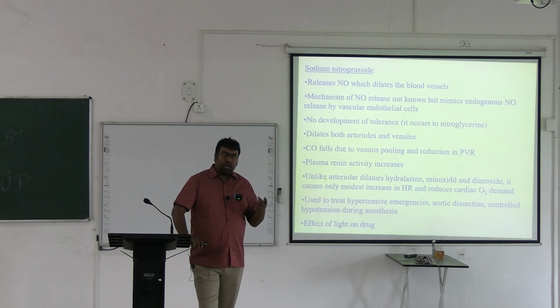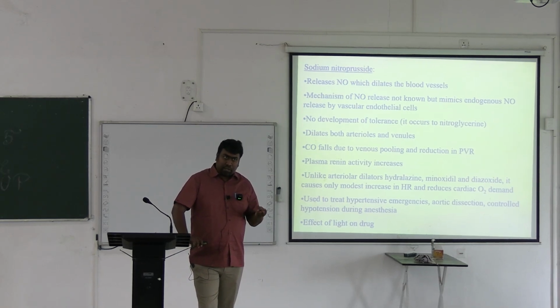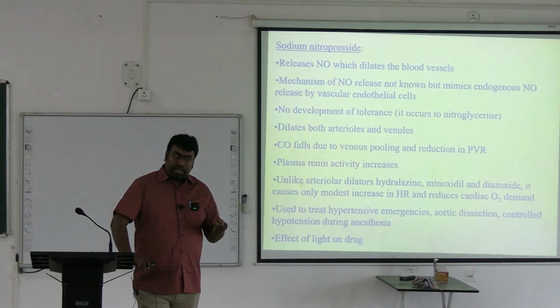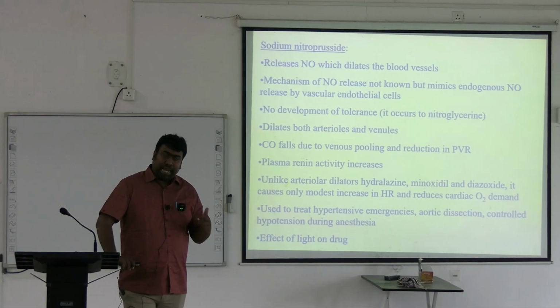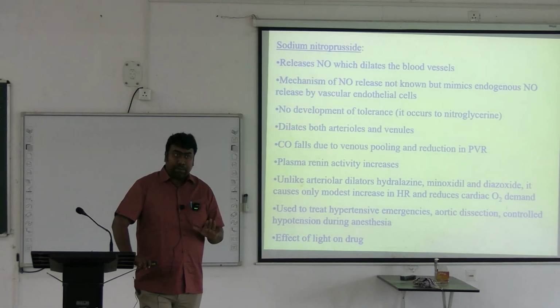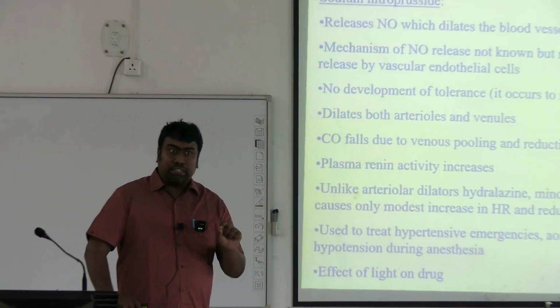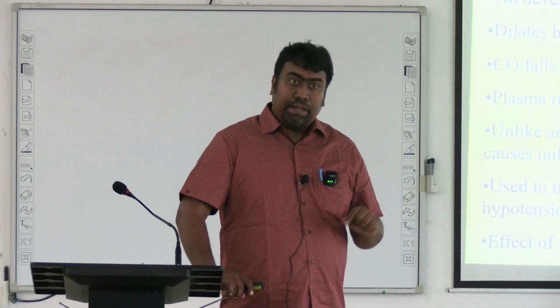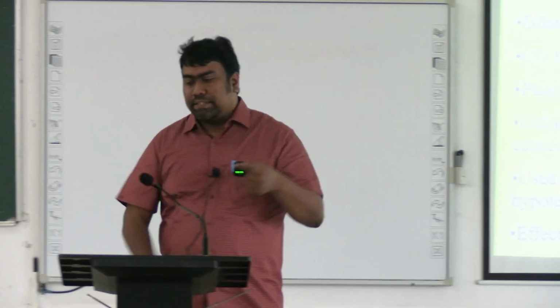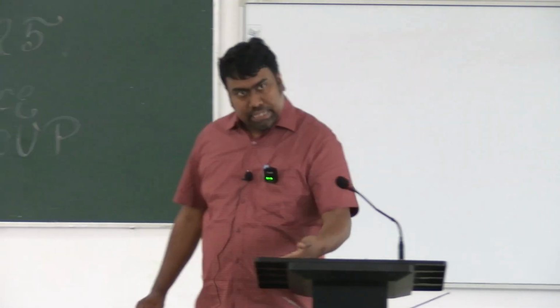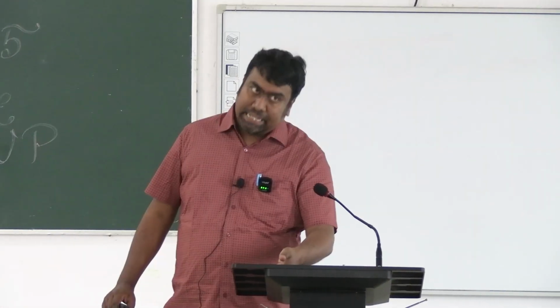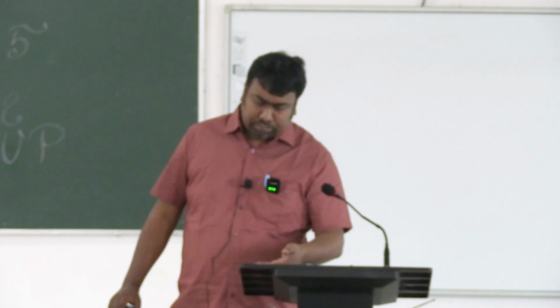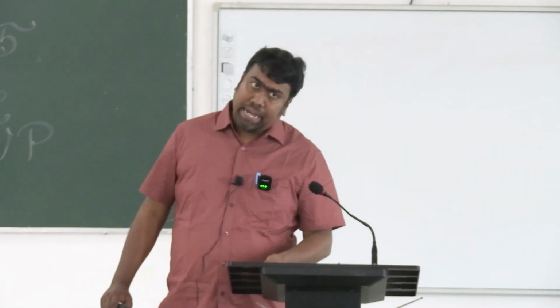Clear? Alpha blocker, beta blocker, alpha plus beta blocker: mechanism of action. ACE inhibitor, ARB, calcium channel blocker, diuretic: mechanism as an antihypertensive. Not only the mechanism of action as an antihypertensive, we have to remember, because beta blocker is used in hypertension, angina, heart failure and arrhythmia.